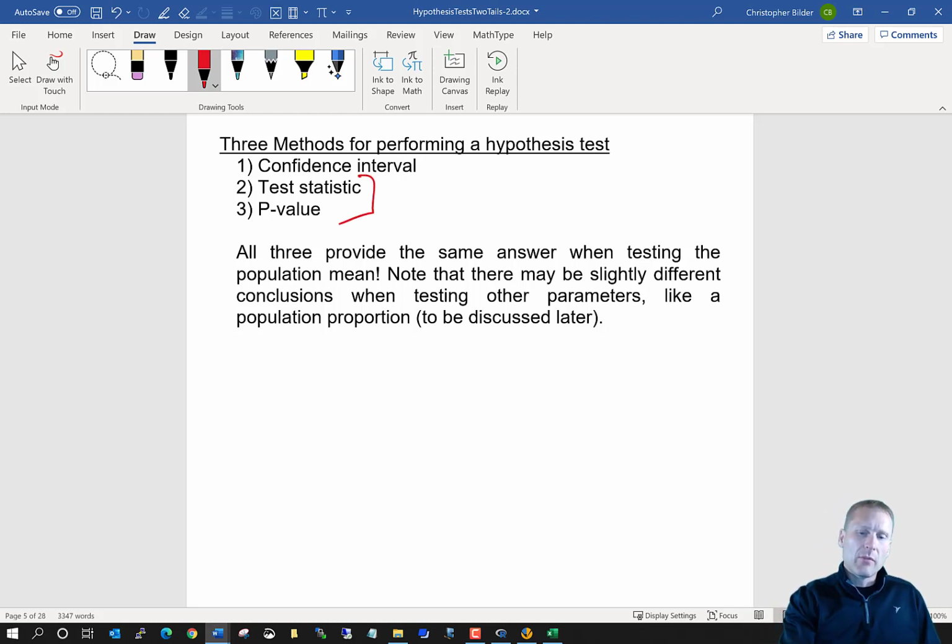So these two methods are very close in similarity to one another. Note that for doing inferences about a population mean, all 3 of these methods will give you exactly the same result in terms of reject H0 or don't reject H0. Just how they go about doing it is a little bit different.